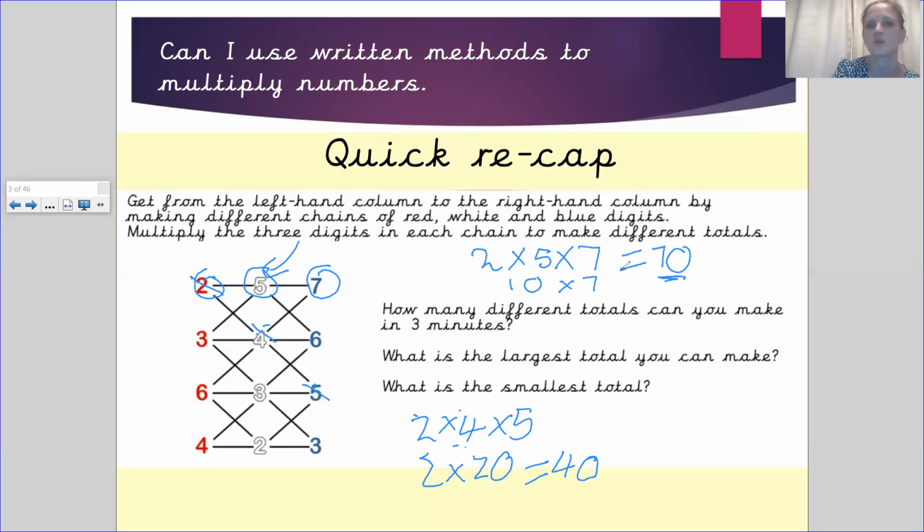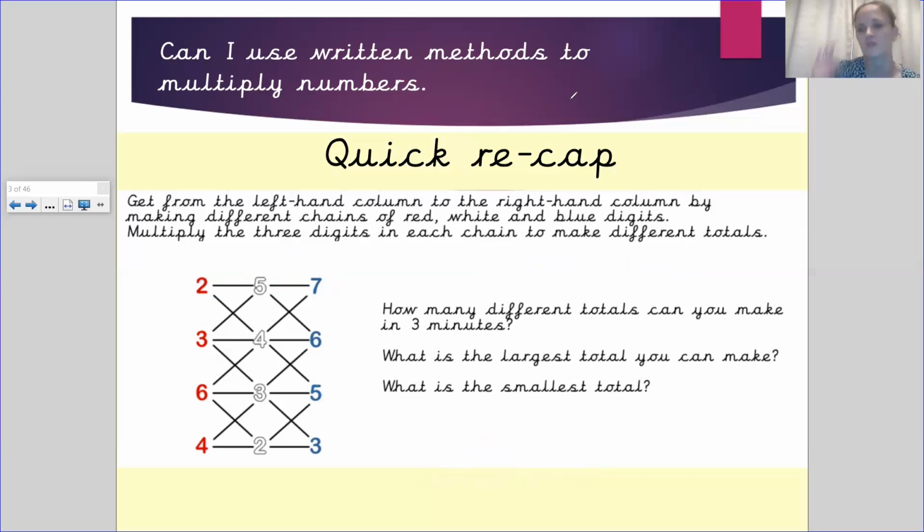So if we use small numbers, making small totals. Give yourself 3 minutes to do this and then see if you can answer this question. Okay, once you've done that, hopefully you've got some answers and we can move on to the next slide.